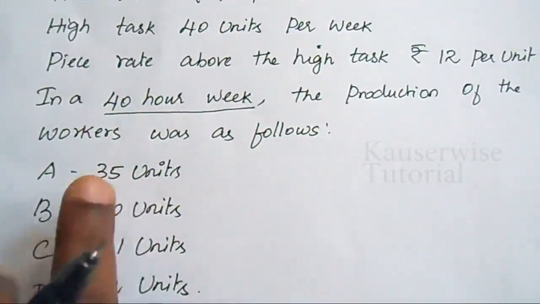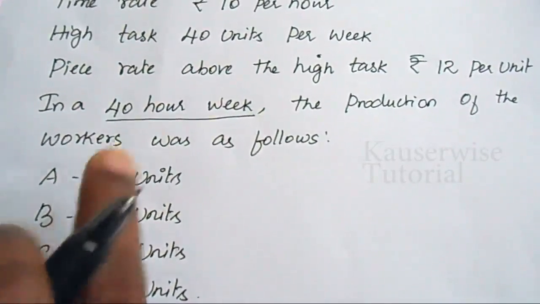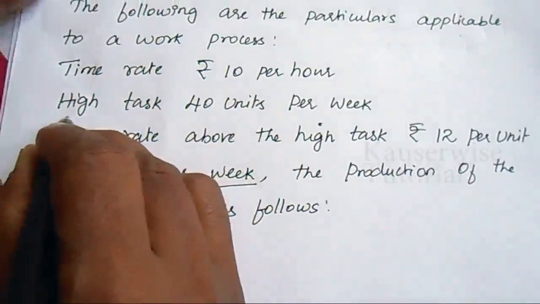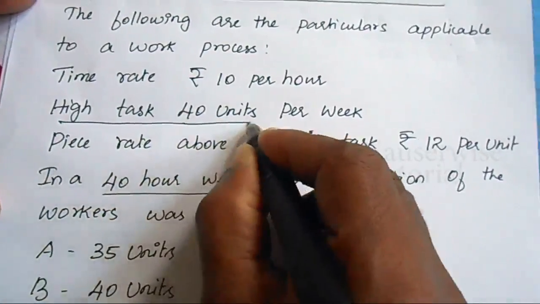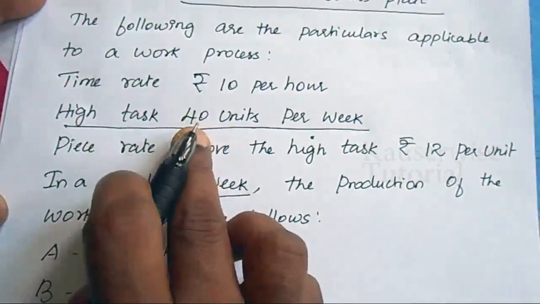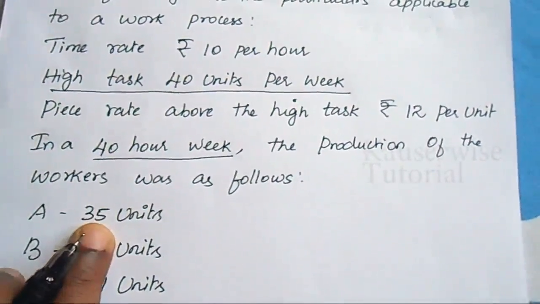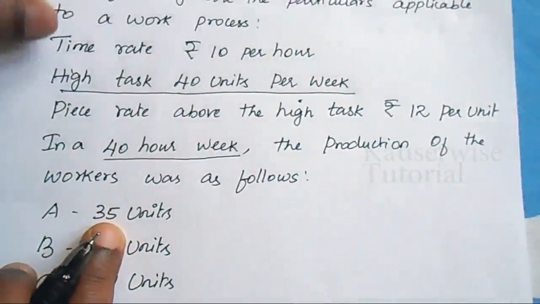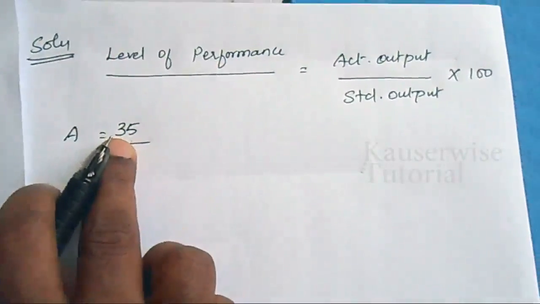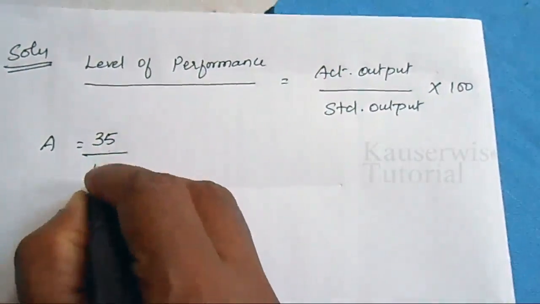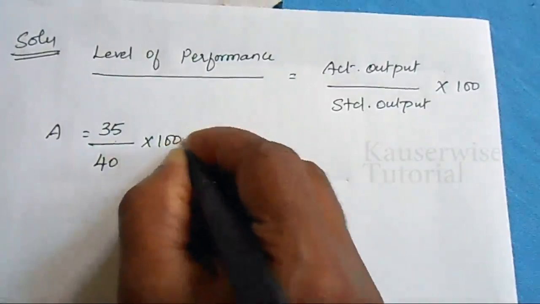A's actual output is 35. Standard output is 40. The standard task is 40 units per week, and this one is actual. Just compare actual with standard. 35 actual, standard 40, into 100.